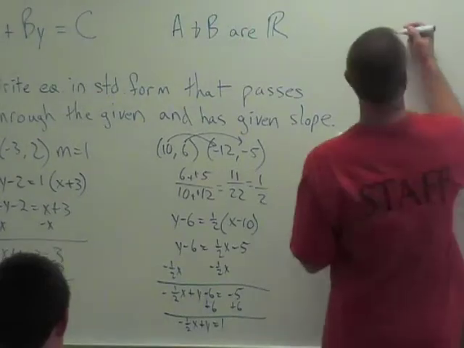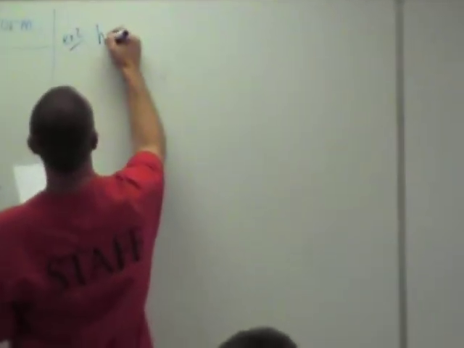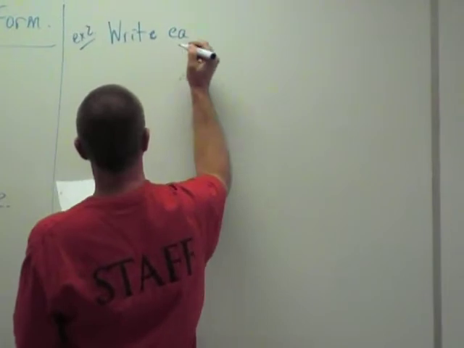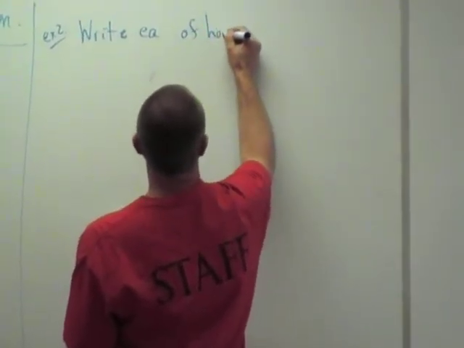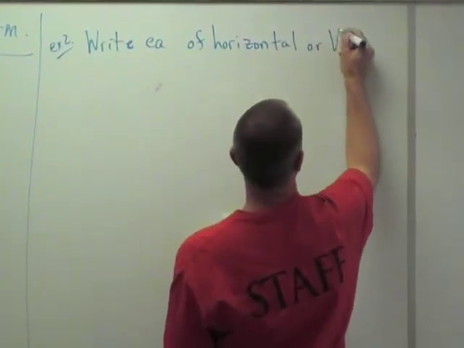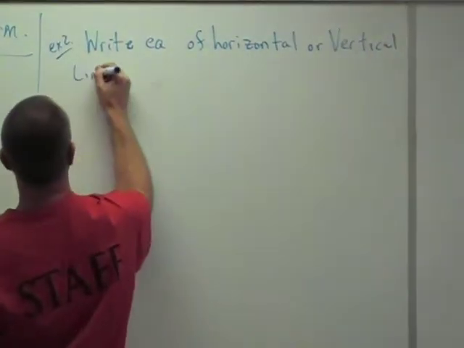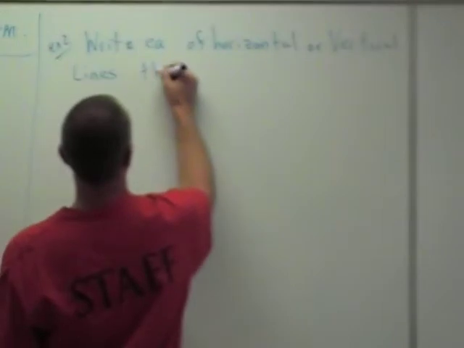All right, example 2. Let's change this up a little bit. Write the equation of horizontal or vertical lines that pass through the given point.